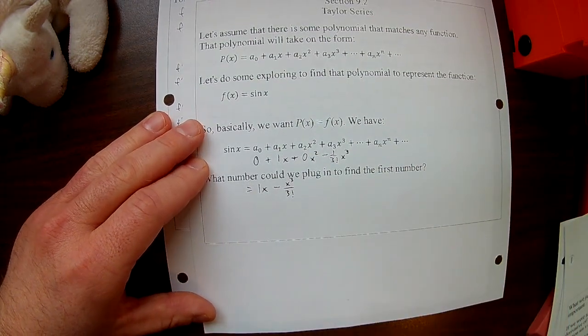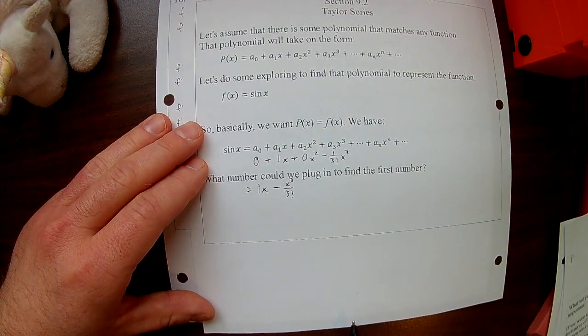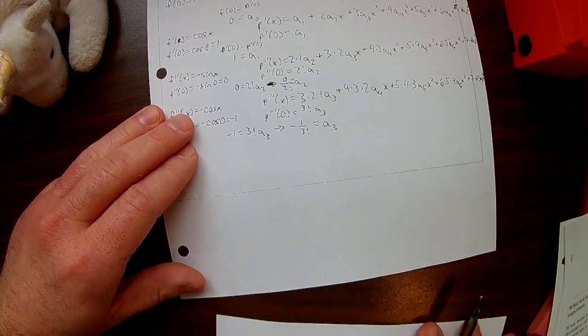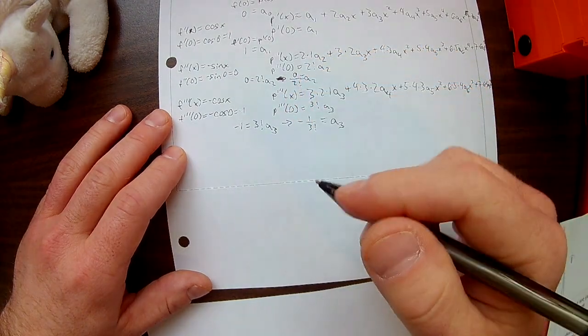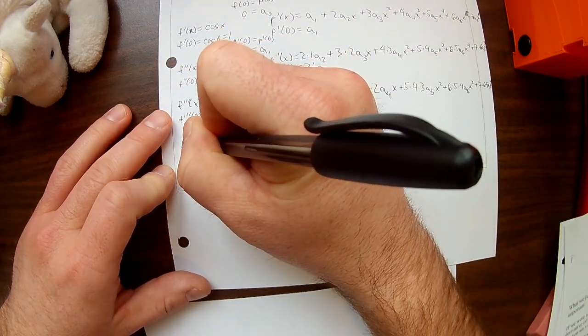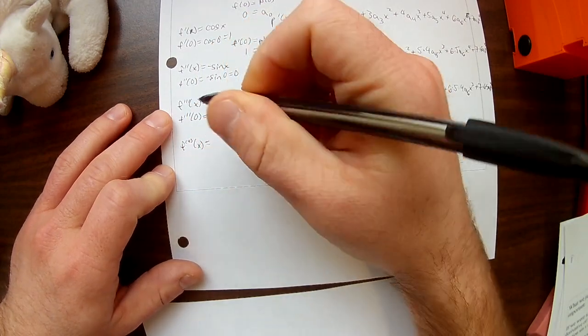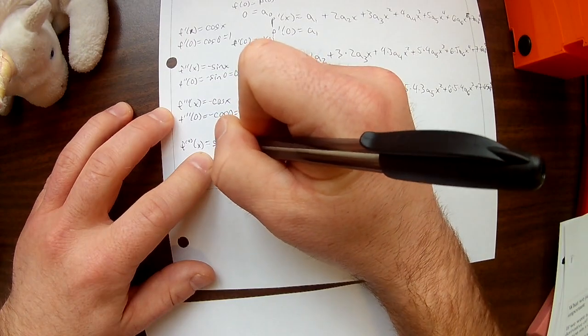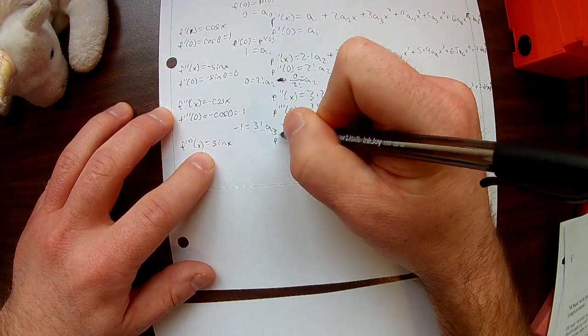I can't see a pattern because I only have 2 terms here. So I'm going to go back and see if I can establish a little bit more of a pattern. So I'm going to go and get the 4th derivative. So f4 of x is going to be equal to derivative of negative cosine is sine x.